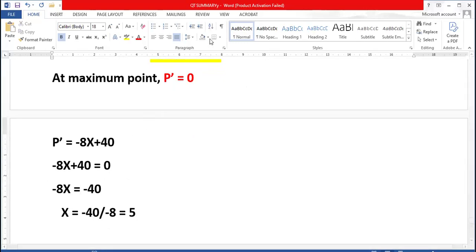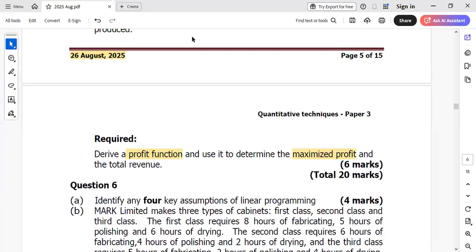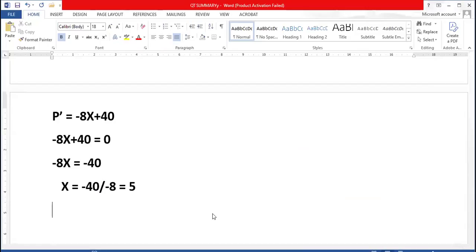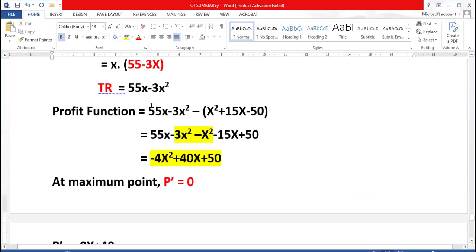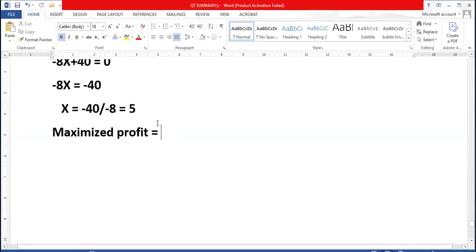Your x is 5. So once you get your x, the question is to get the maximized profit. The maximized profit will be equal to, from the profit function, you substitute where there is x, put 5.